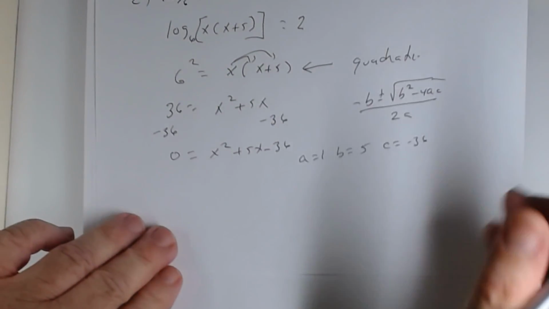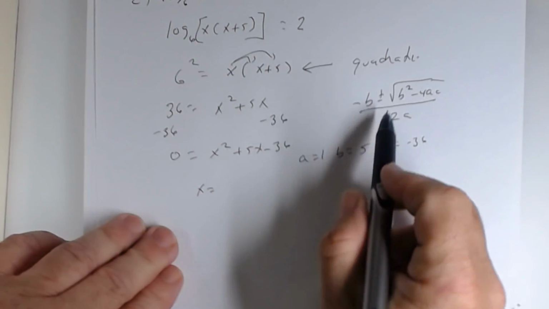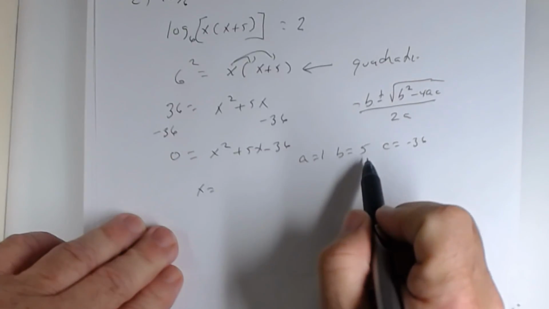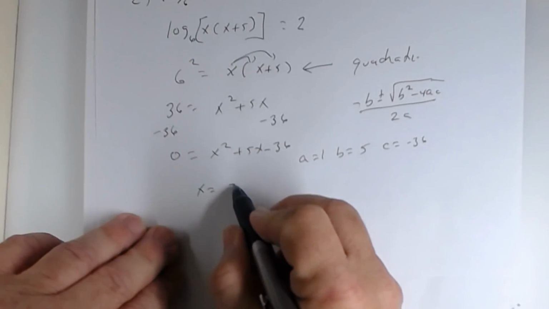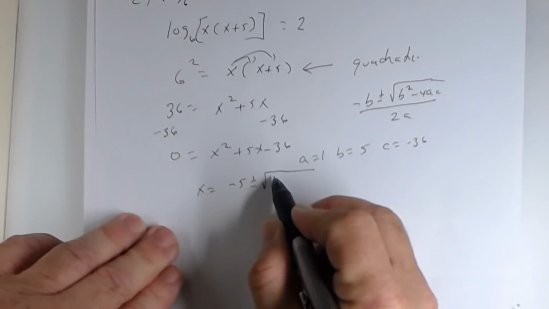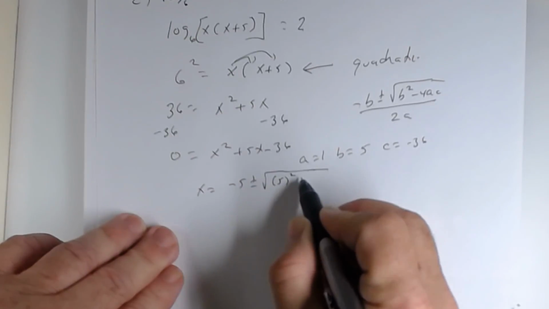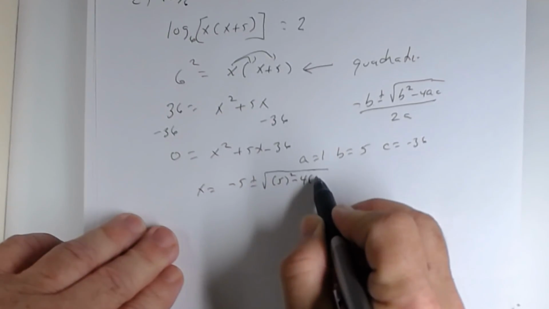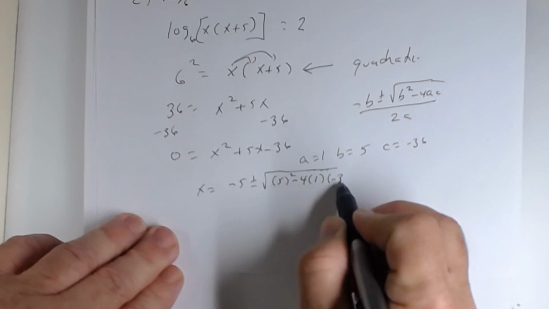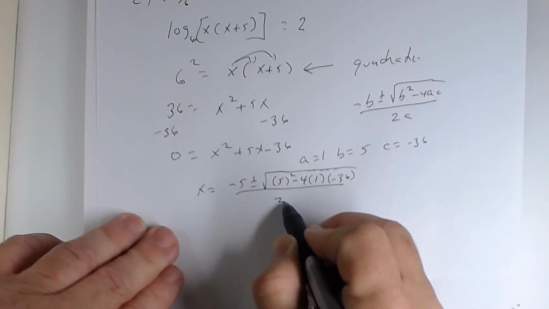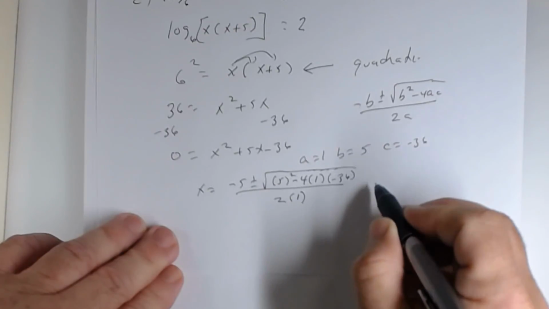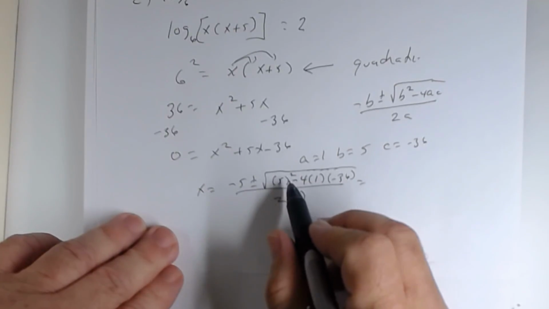So we get x equals the opposite of b. Well, b is 5, so what's the opposite of 5? -5, plus or minus the square root of 5 squared minus 4 times a times c, all over 2 times 1. So we deal with the discriminant.